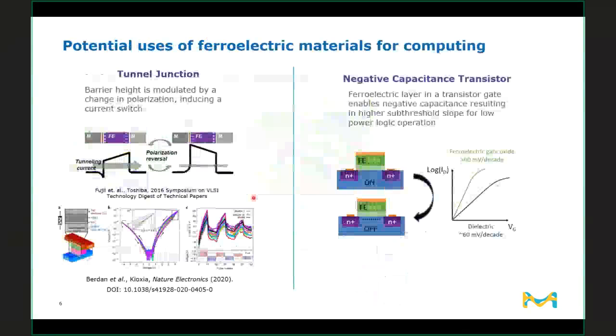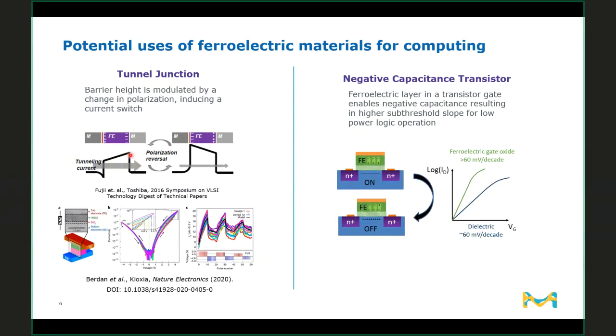There are lots of potential uses for ferroelectrics for different applications in computing. One of them is using ferroelectric tunnel junctions. This is that metal insulator metal structure that we showed before. By switching the polarization state of the ferroelectric, you're able to change the resistance across this junction between two metals.